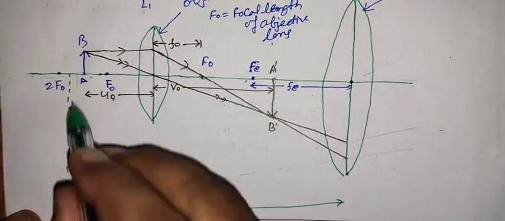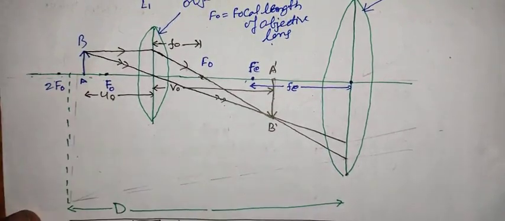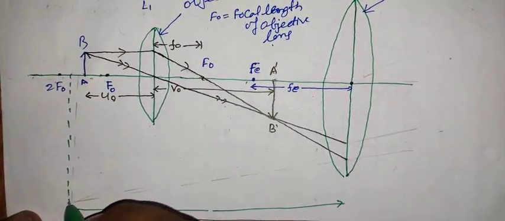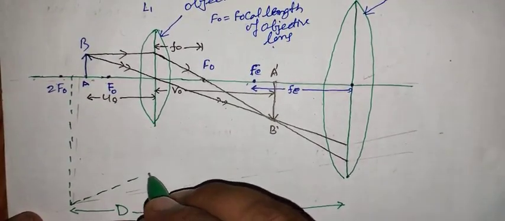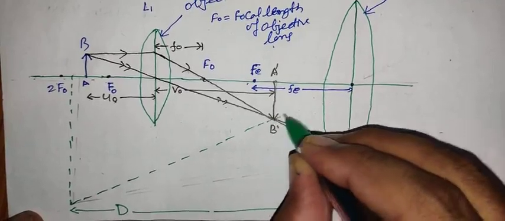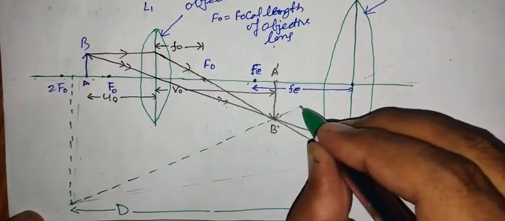If the final magnified image of the object is formed here, take this point in the scale and make a dotted line in this way.